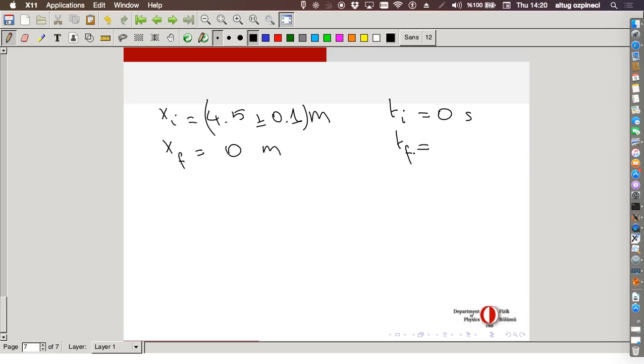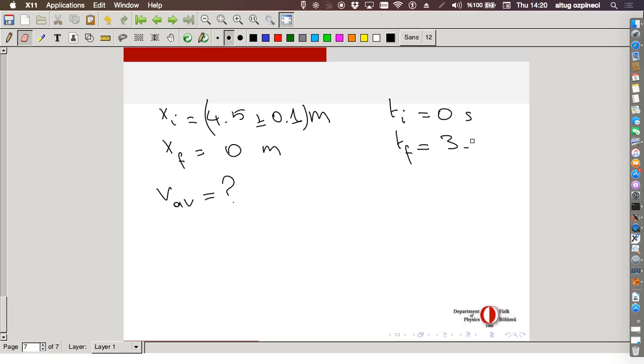So how long would it take him to come here? 3 seconds. Okay, he's fast. Okay, so he just came here in 3 seconds. So what would be the average velocity? Good point.